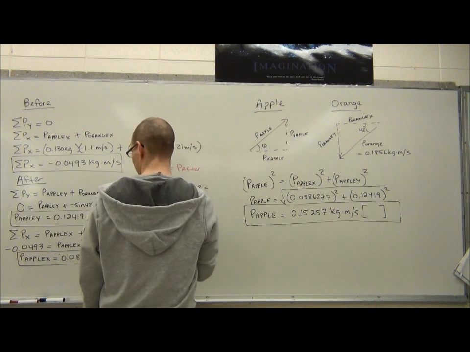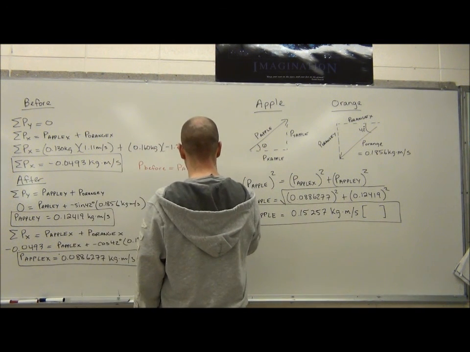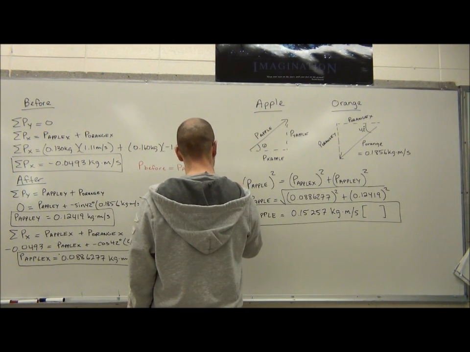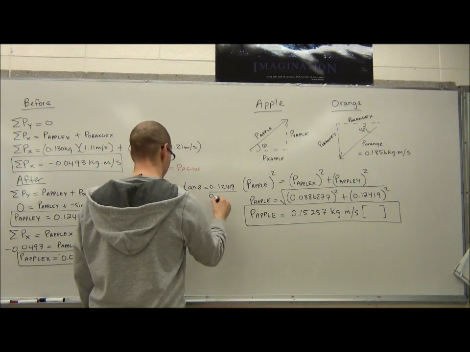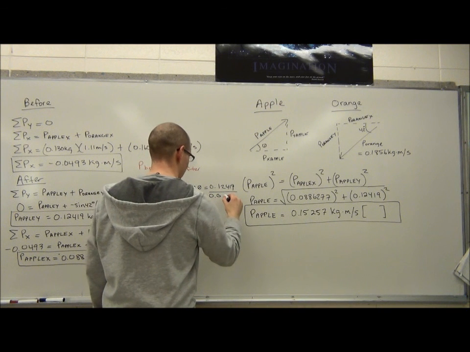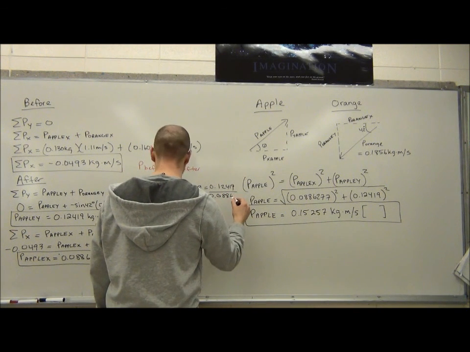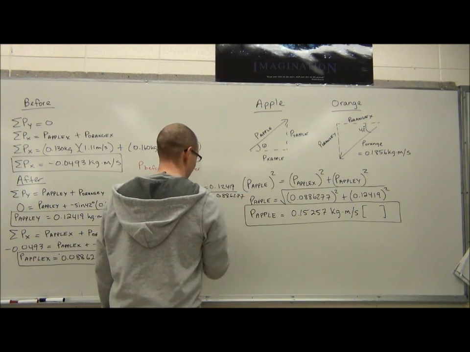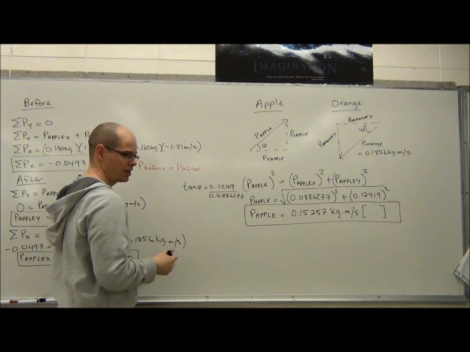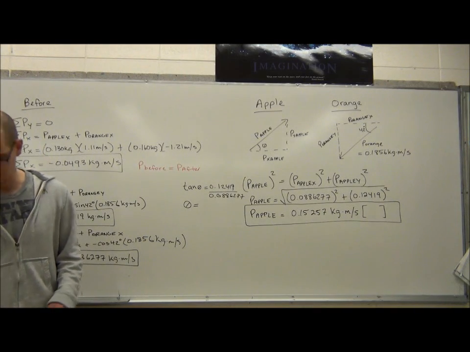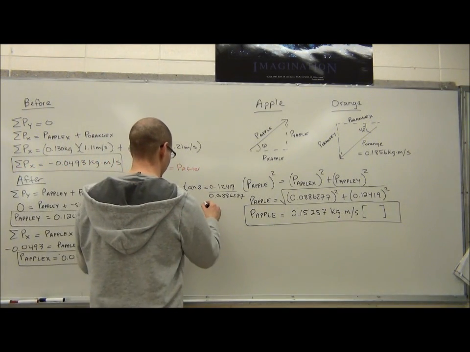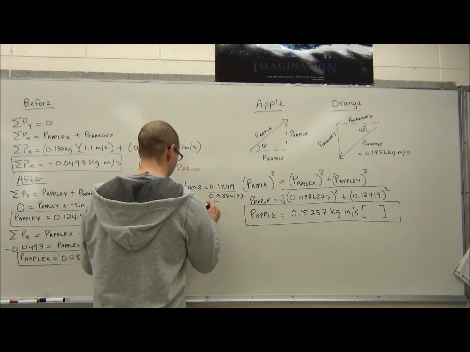The opposite is the y component, which was 0.12419. Opposite over adjacent, the adjacent is 0.088627. And you're going to find that ratio, obviously use second tan to get the angle out. You will find that this angle is approximately 55 degrees. I'm rounding it to the nearest degree.